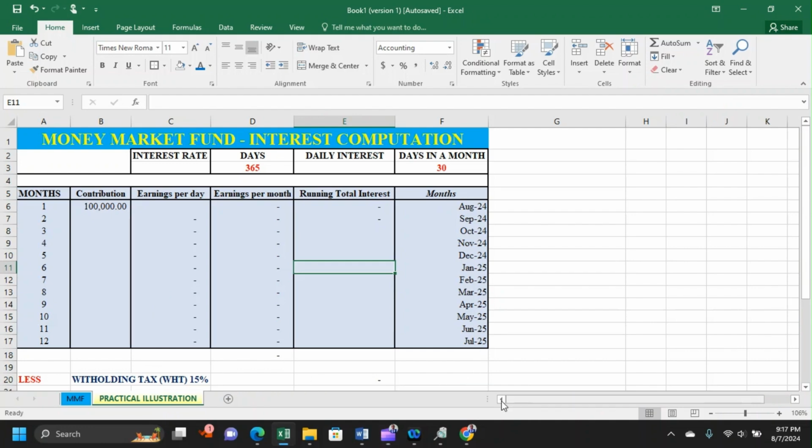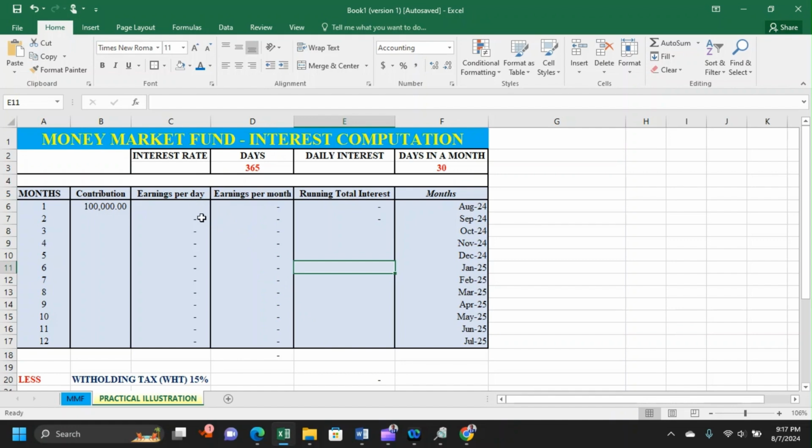Now, some of the factors you may need to consider are the interest rates that the money market fund is giving you per annum. These interest rates, remember, fluctuate according to the performance of the investments in the market.